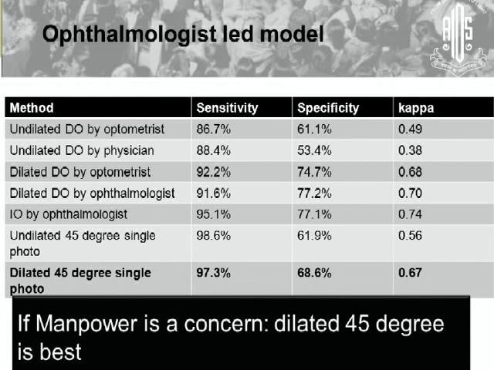And if we look at the ophthalmologist-led model, that is the telescreening, a dilated 45-degree single photograph gives us a good sensitivity and specificity to be used as a screening method. And that's what we use. We use a dilated 45-degree, centered on the fovea, single-field photography.